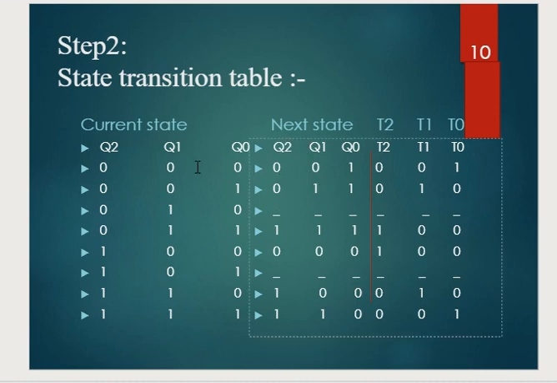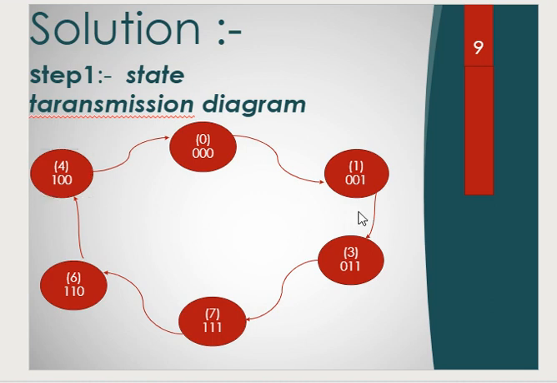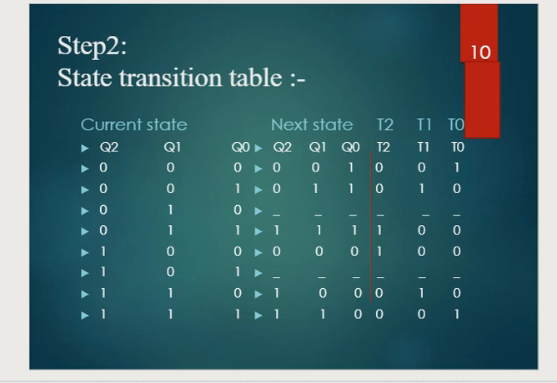In our table, I have listed all the possible combinations and, according to them, all the possible next states, and there are some don't care conditions also present in the system, because if you check the state transition diagram, you'll see that 2 and 5 are missing. That's why we have don't care conditions.